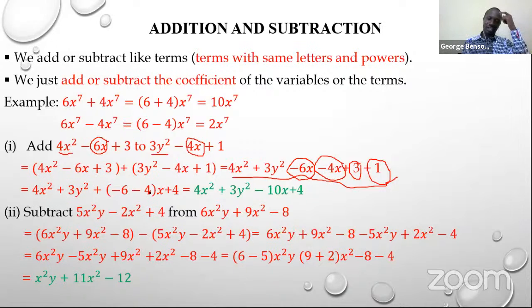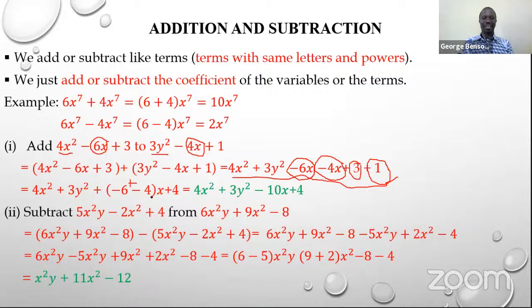When they are like terms and you are adding, we add or subtract their coefficients. So you can see the coefficient of this minus 6x is minus 6. Then the coefficient of minus 4x is minus 4. Is that okay? So I subtract, or essentially I'm adding there. This is the same as minus 6 plus minus 4.